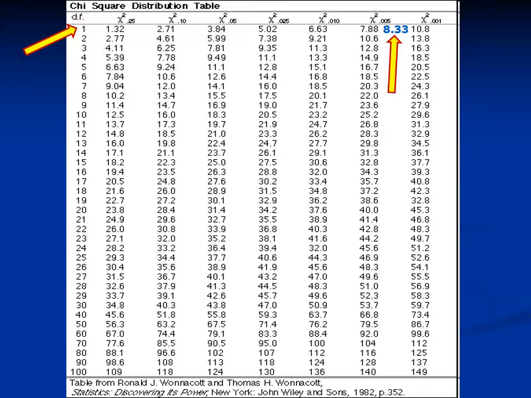All right, but getting back to our actual example in the book, Roundtree was using this first line up here, right? Because there's only 1 degree of freedom when you only have 2 possible choices there, yes or no, for work experience, right? So there's only 1 degree of freedom, and he calculated, doing the math that is not included in the book, that the chi-square value for the data he used was 8.33, and I show this over here.